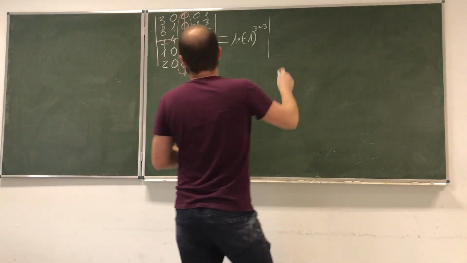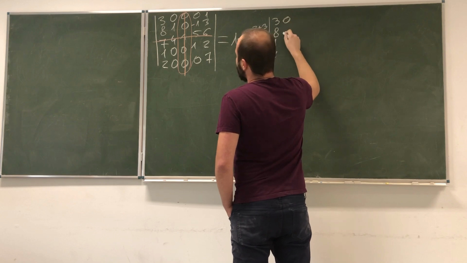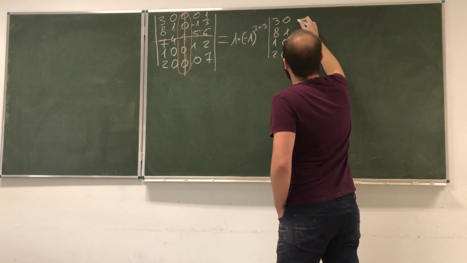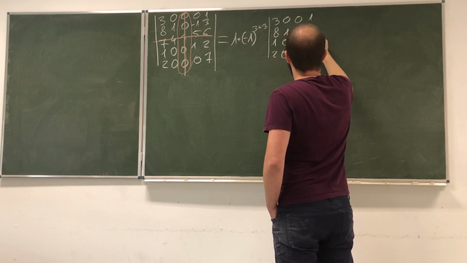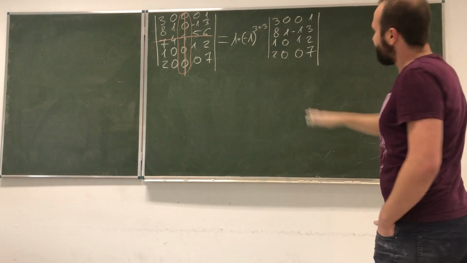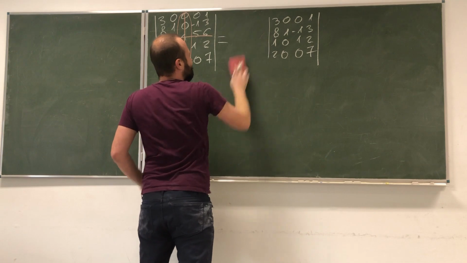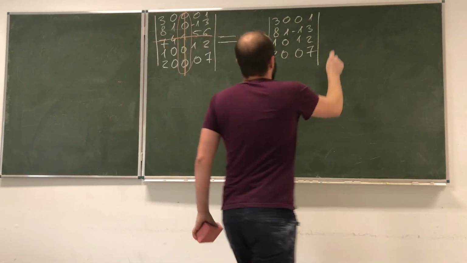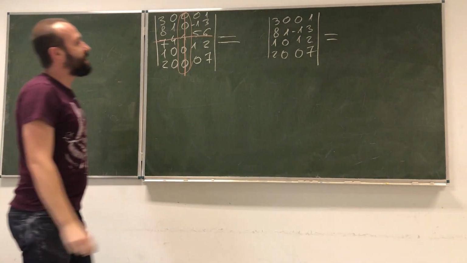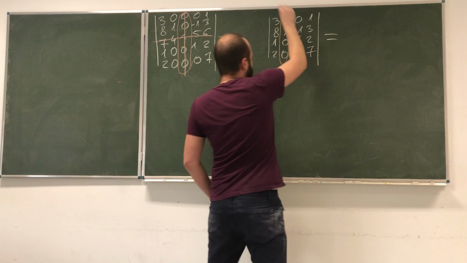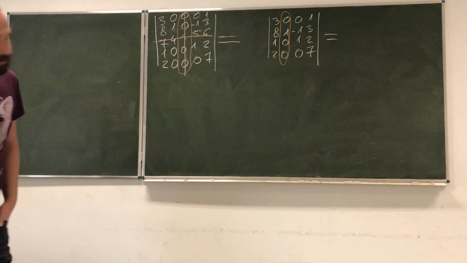So I get that this is 3, 8, 1, 2, 0, 1, 0, 0, 0, negative 1, 1, 0, 1, 3, 2, 7. We clearly see that this is going to be equal to 1, so I can skip this. Then, again, I need to choose a row or a column. Clearly, this is going to be the best column because it has the most zeros and just 1.